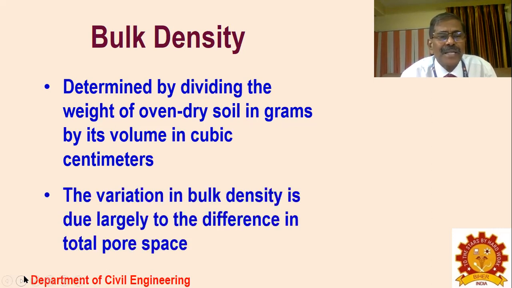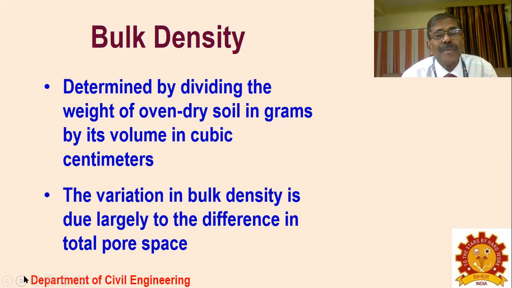The variation in the bulk density is due largely to difference in the total pore space. As I said, if bulk density is very high, then the pore space will be very less. When the pore space is occupied by water, then pore water pressure will be there, and the solid mass will be less in that.